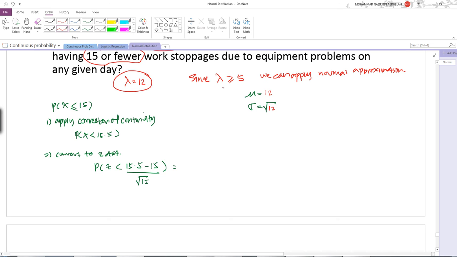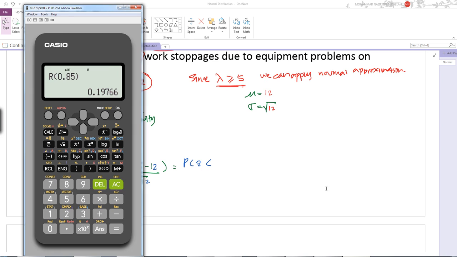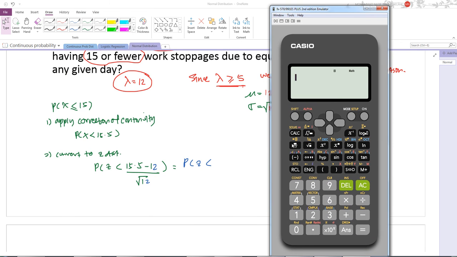Don't get confused here. So 15.5 minus 12, divided by the square root of 12. Can you calculate?